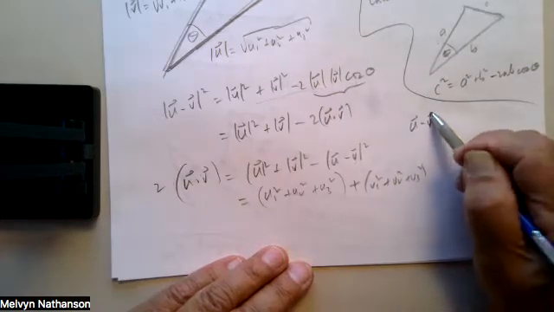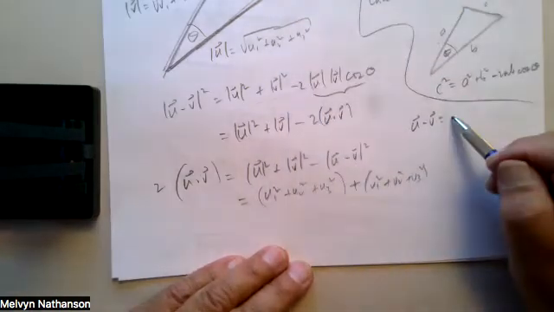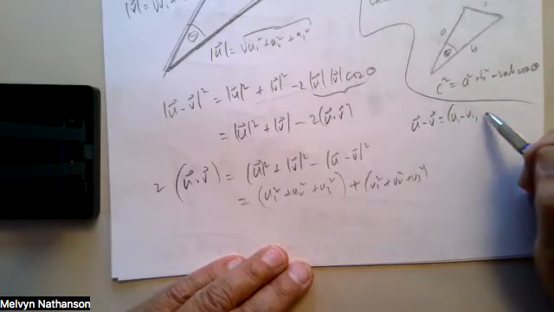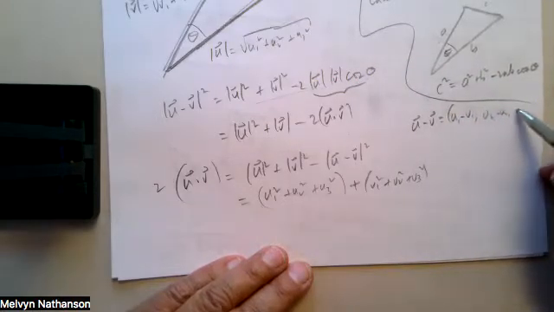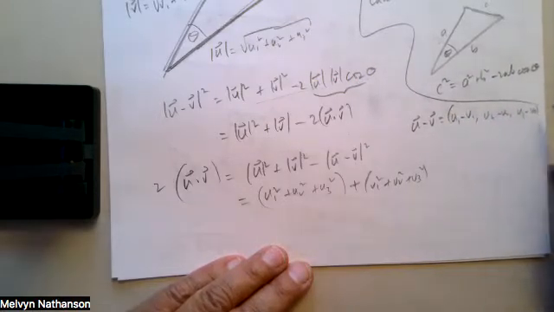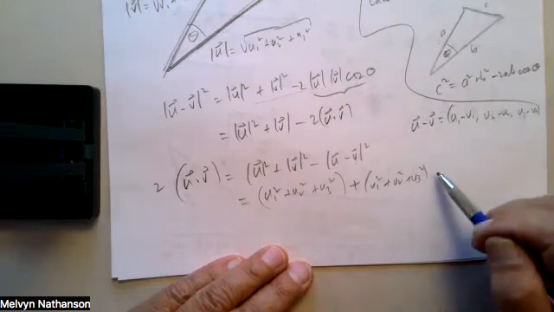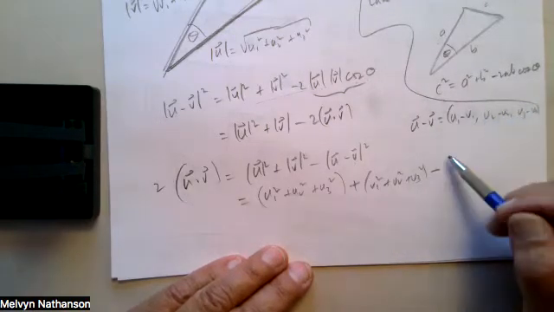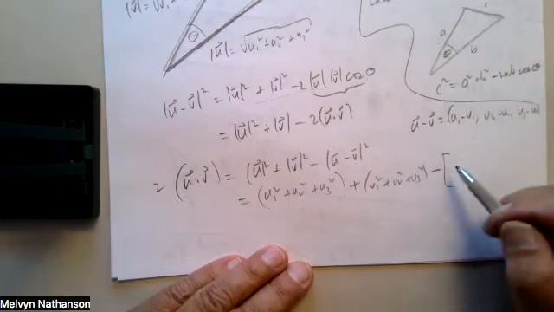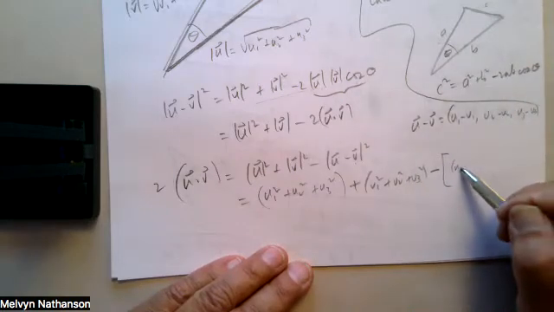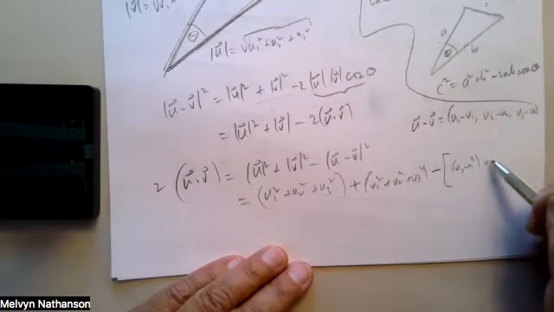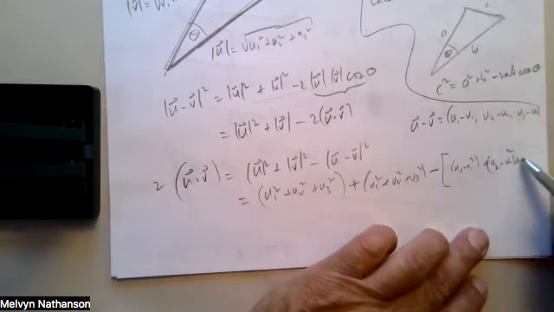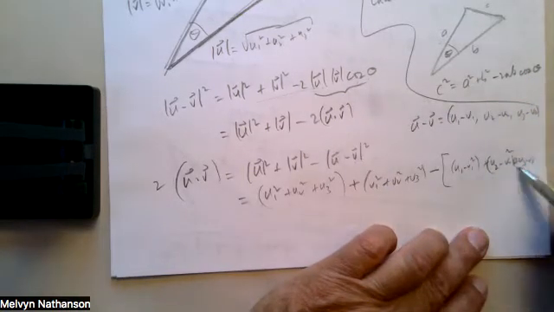When I subtract these two vectors, I get the vector whose coordinates are u1 minus v1, u2 minus v2, u3 minus v3. So I take minus the sum of the squares of the coordinates: u1 minus v1 squared plus u2 minus v2 squared plus u3 minus v3 squared.